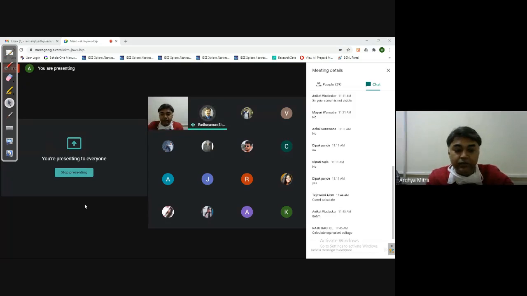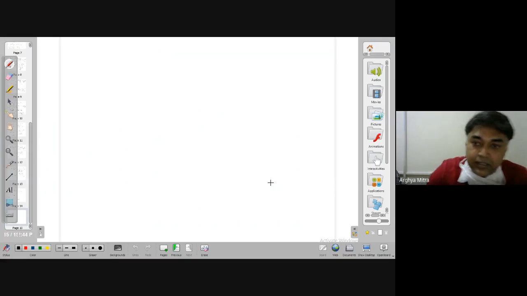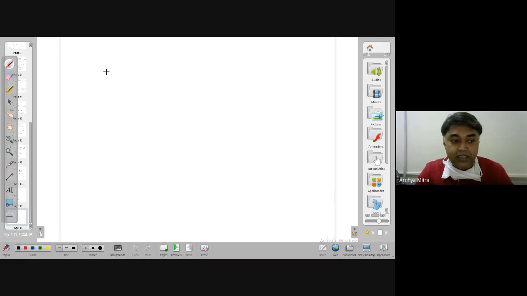Another thing before starting this question and answer, let me give you a hint of another thing. It can come in terms of coupled inductance in the network. So coupled inductors may also come sometimes.